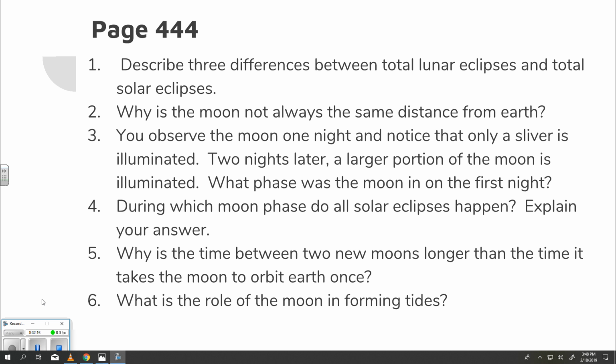Question 1, answer can be found on pages 438 through 440. During a solar eclipse, the moon is between the Earth and the sun. During a lunar eclipse, Earth is between the sun and moon.